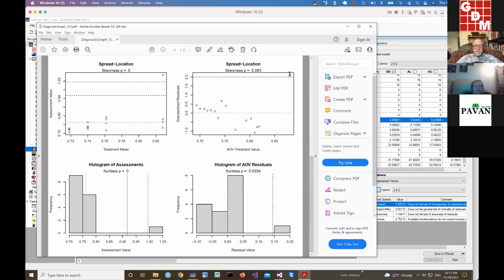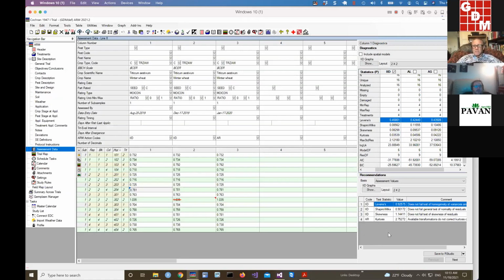We see the indication of an outlier in our spread location plot, but what triggers a statistical test of significance is this kurtosis, which leaves this outlier lying well beyond the normal bounds of our values. Now, we do have tests for outliers in the diagnostics, but they are adjusted for the number of comparisons.